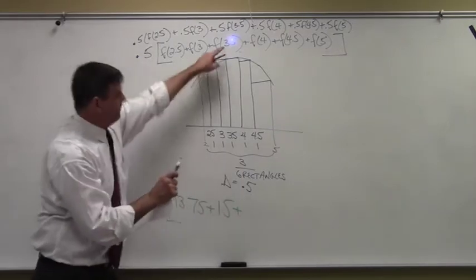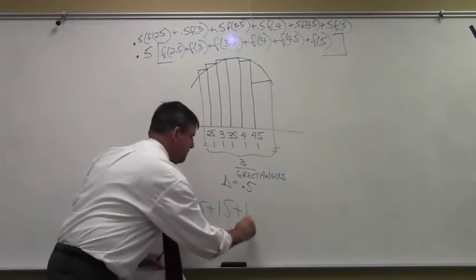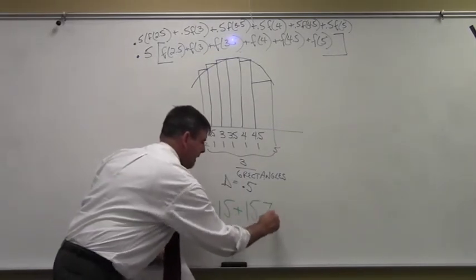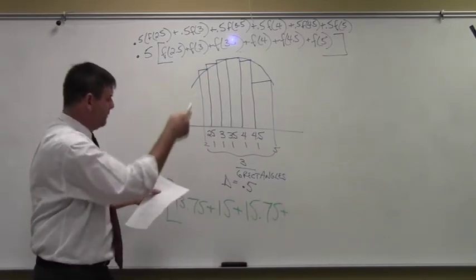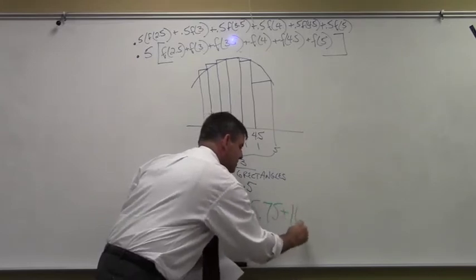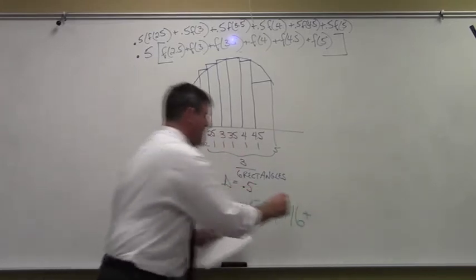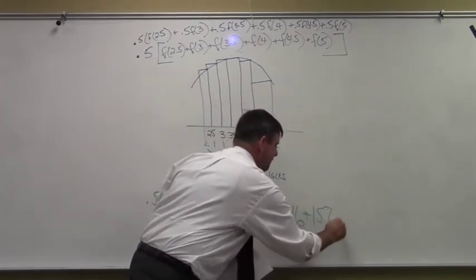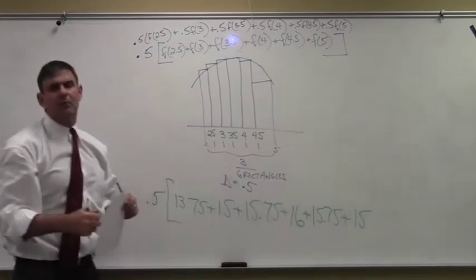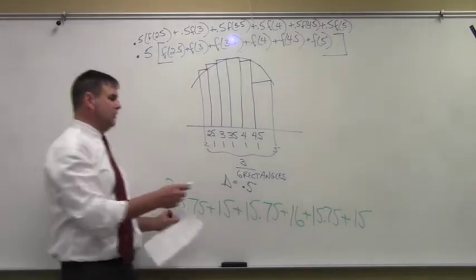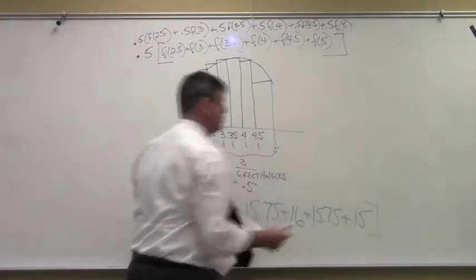F of 3.5 was 15.75. F of 4, of course, we calculated before, was 16. And then we have 15.75 and 15. And all I did was pull those out of the y values of your chart.